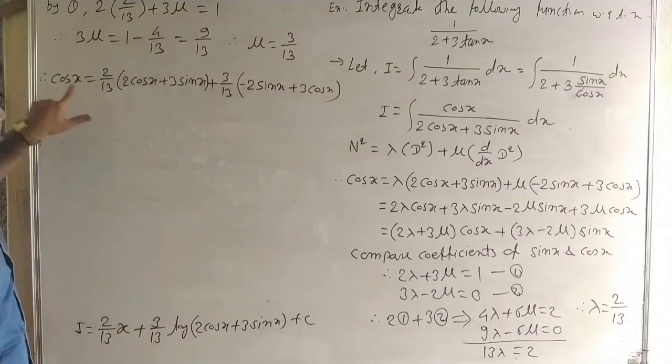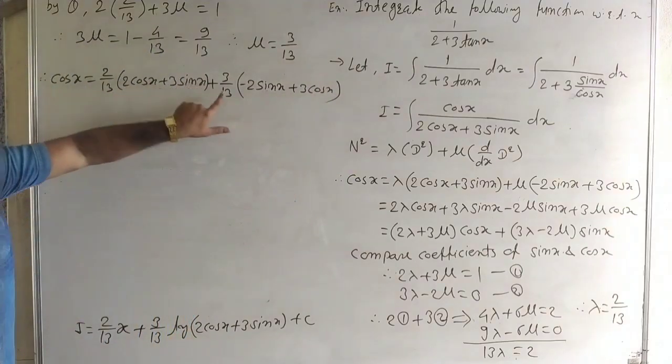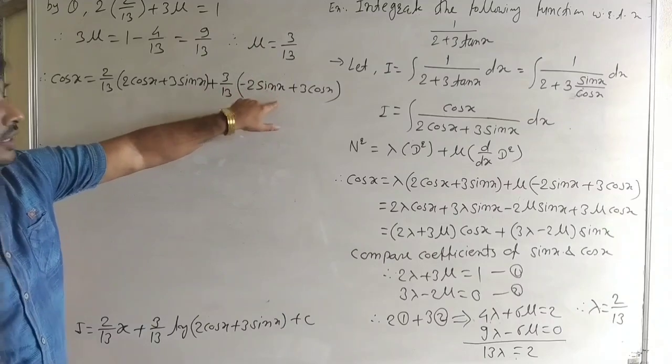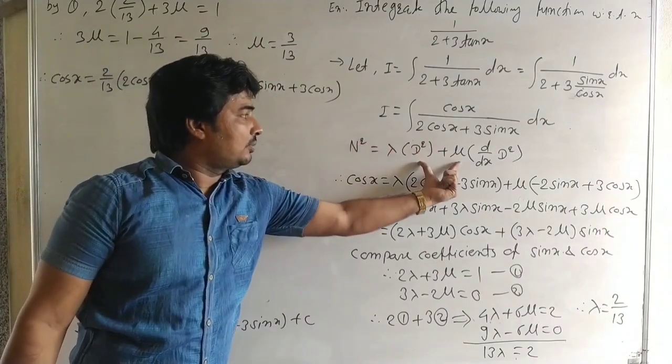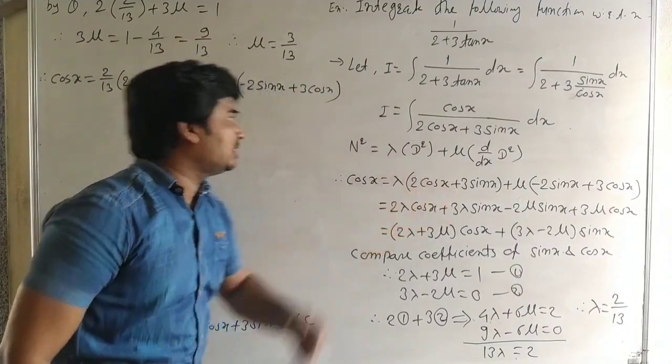Here the numerator is equal to lambda into the denominator plus mu into the derivative of the denominator. Then replace the numerator by this term.